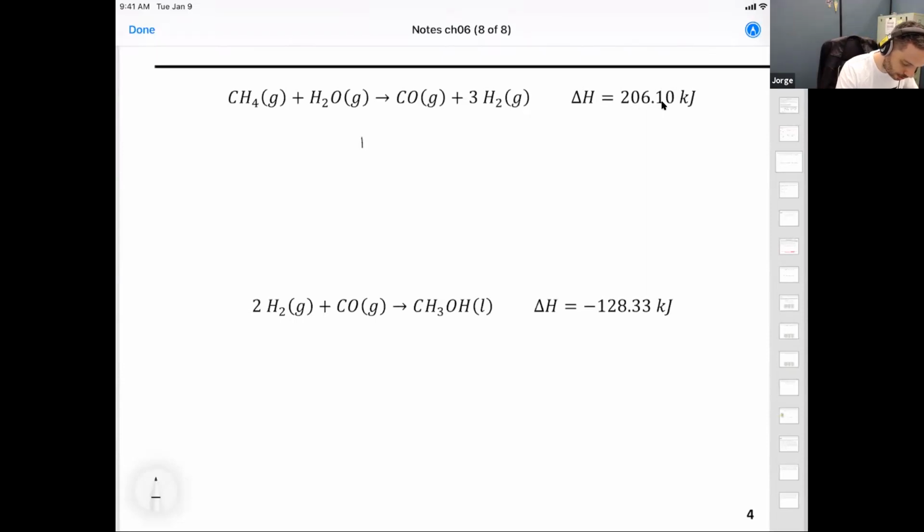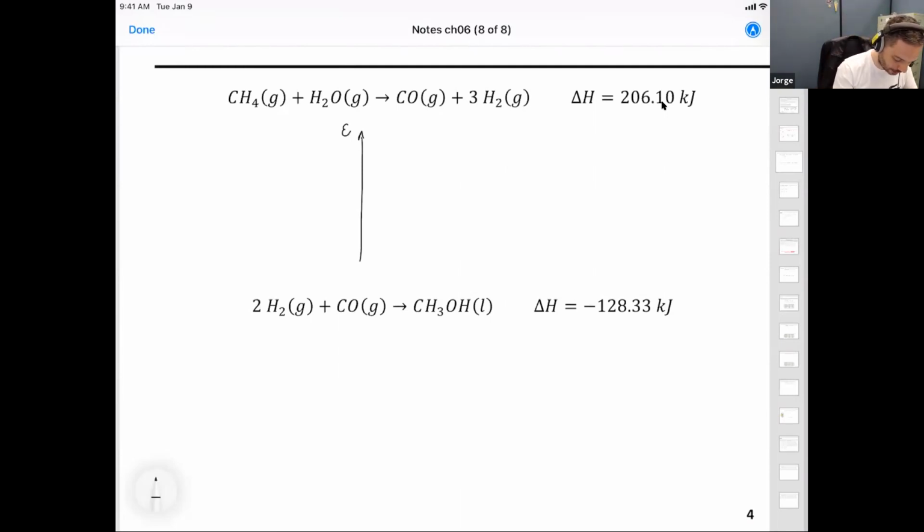Okay, so the goal here is to draw the energy diagram for this reaction. So how are we going to do that? The simplified energy diagram, which is what we are looking for here, always has a vertical axis, and this axis represents energy, symbol E. If the delta H is positive, that means the energy of the products has to be higher than the energy of the reagents.